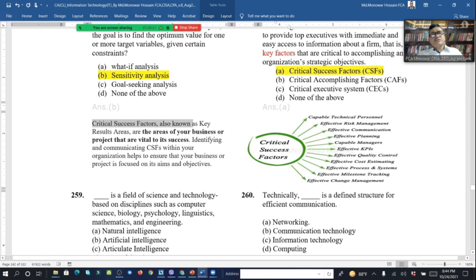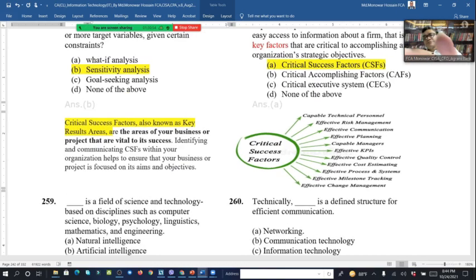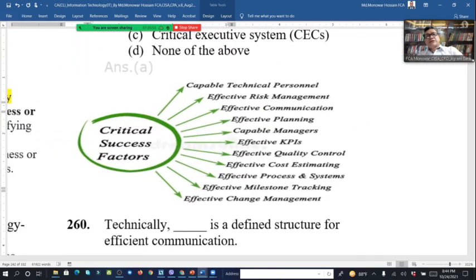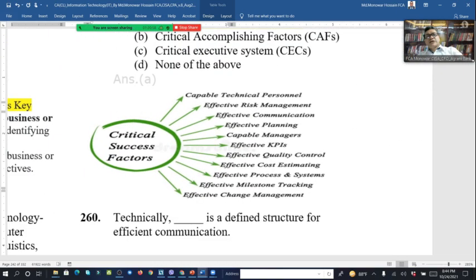Critical success factors are also known as key result areas, the areas of any business or project vital to its success. Look here, these are the critical success factors.